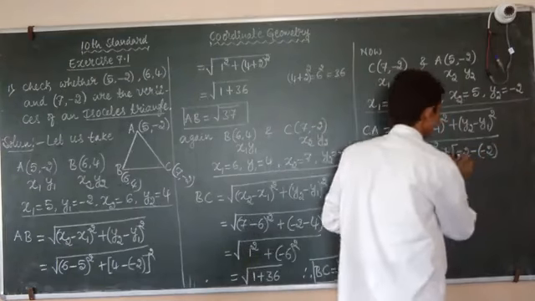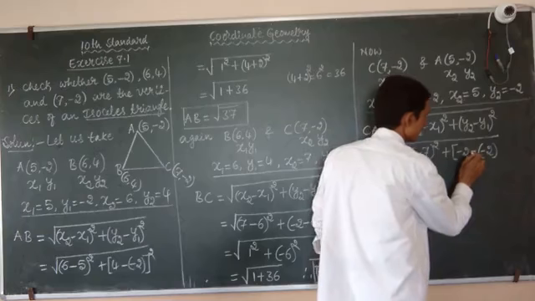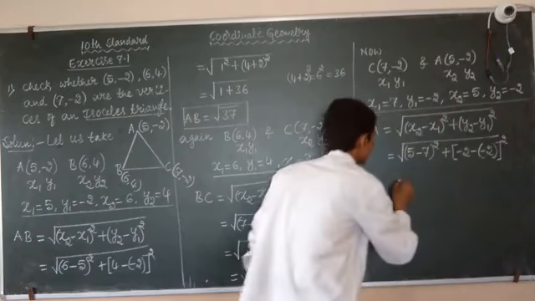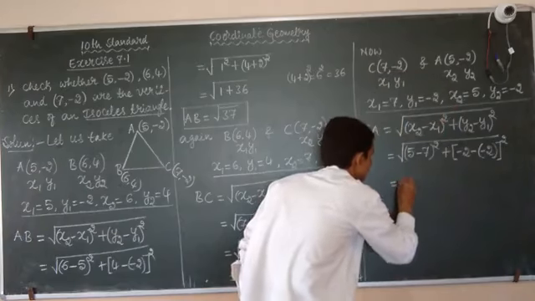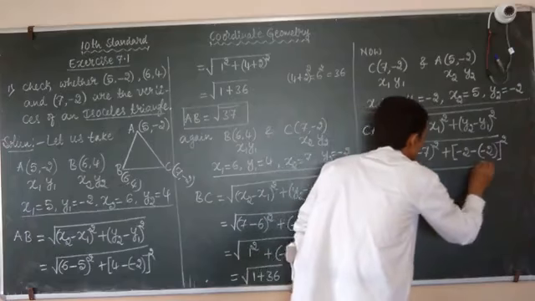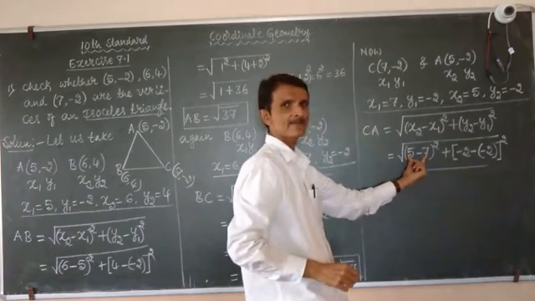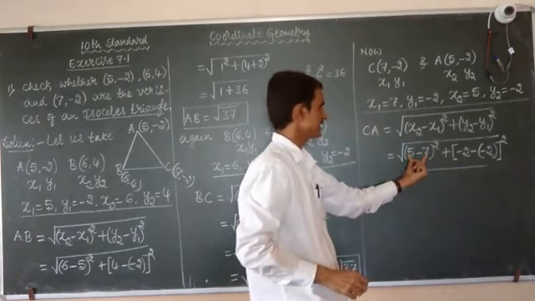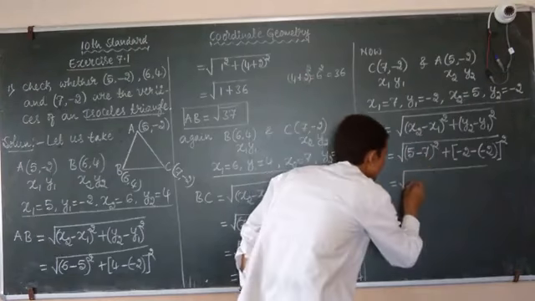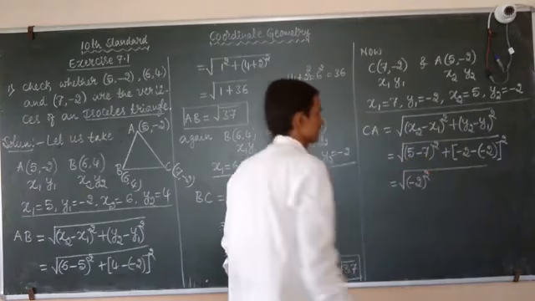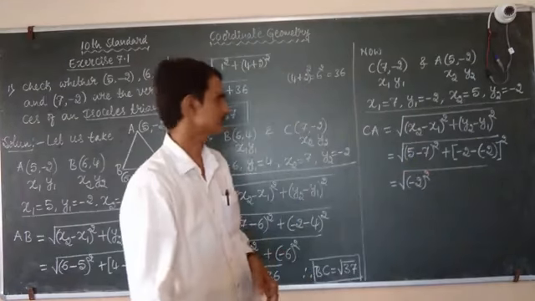So minus 2 minus of minus 2 whole square equals root of 5 minus 7, it is minus 2 whole square.